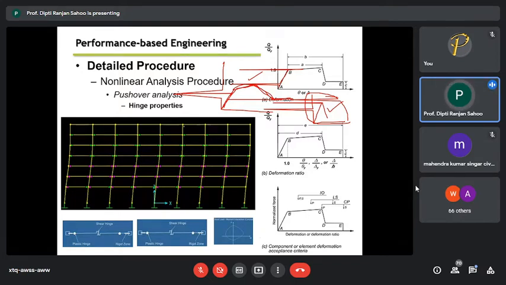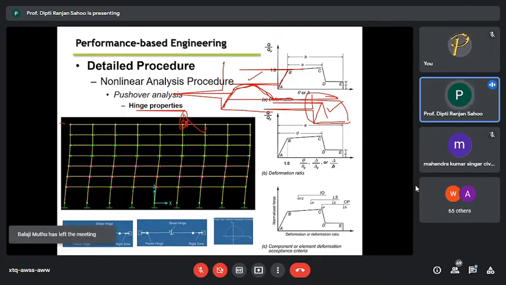If you see that member, let's say this joint is a hinge joint, a rigid joint, and if you apply the lateral load, the bending moment will be something like this. Maximum bending moment is here, so my plastic hinge will form here. It's similar to the plastic analysis in your structural analysis course.